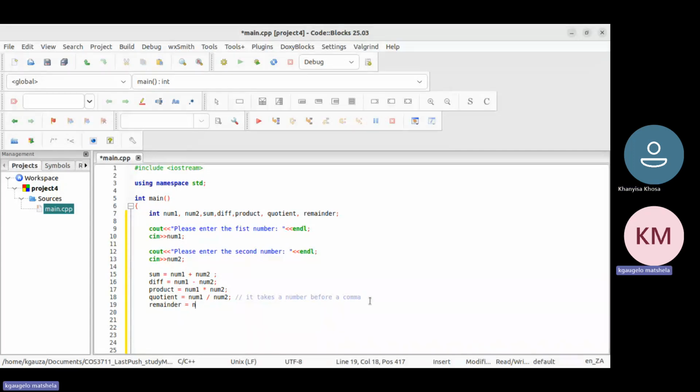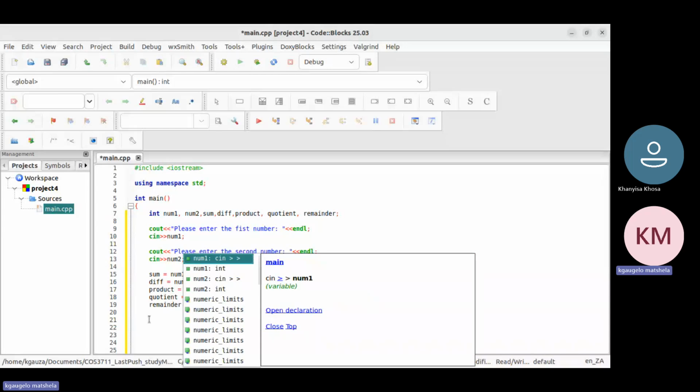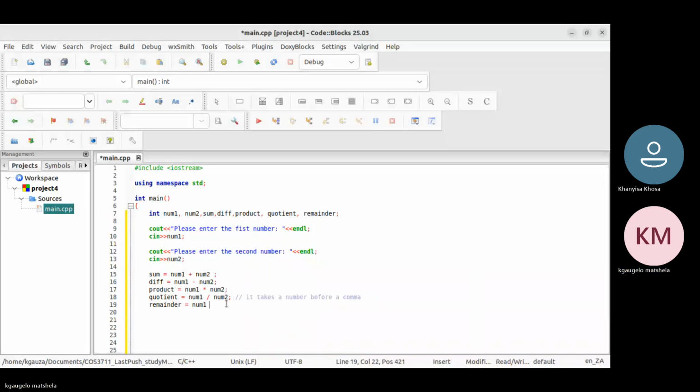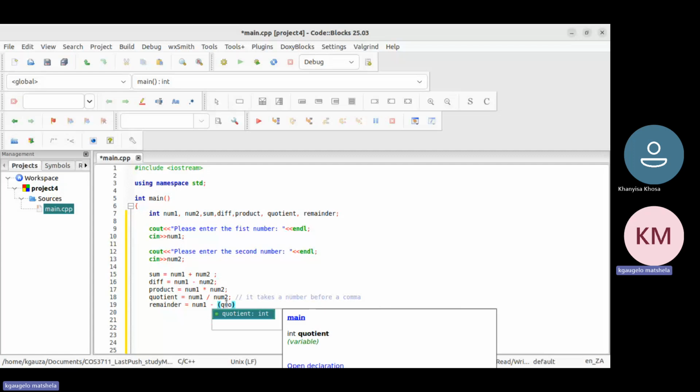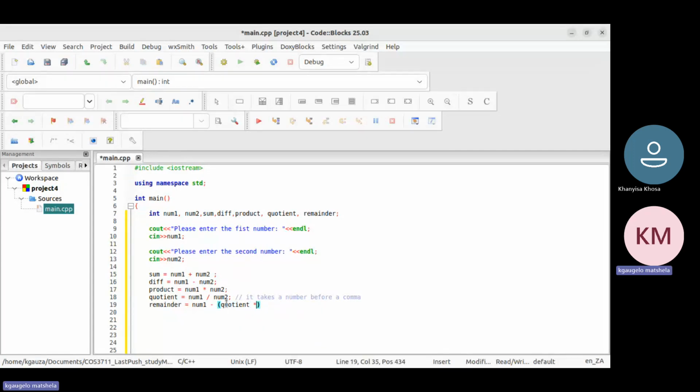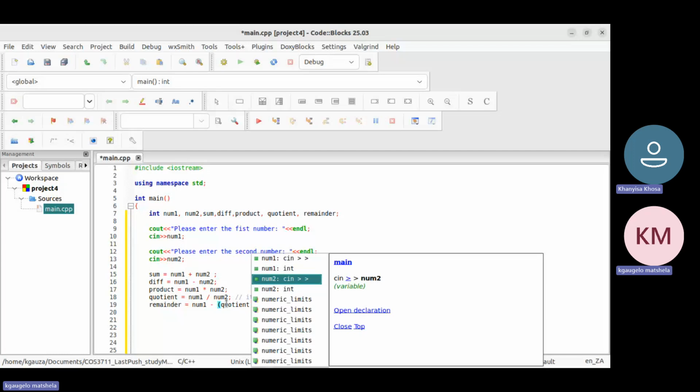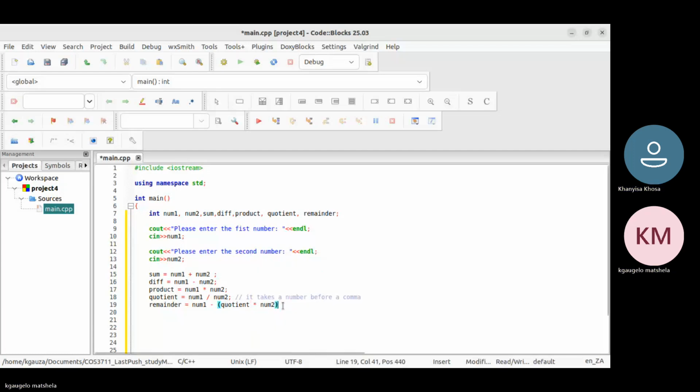So now I'm gonna show you the calculations. When you're calculating the remainder, you have to make sure it's num1 minus the quotient multiplied by num2, right? So let's say for example, num1 and num2 are the 7 and 5 that I was giving an example with.